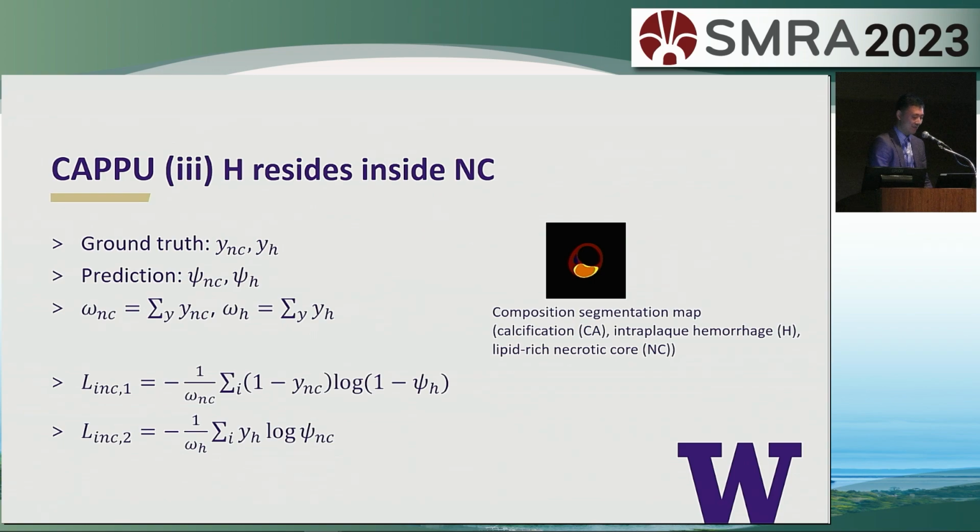So the design of this loss function is to explicitly enforce this restriction: when in the ground truth there is hemorrhage, there should be necrotic core too, and if there is no necrotic core, then you'd better not segment hemorrhage there. So it's an explicit enforcement of this relation.